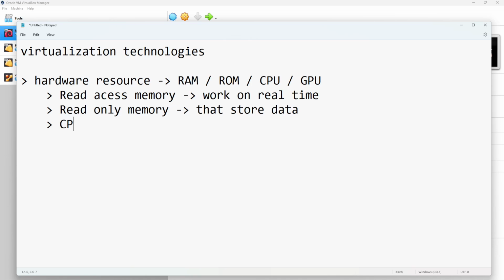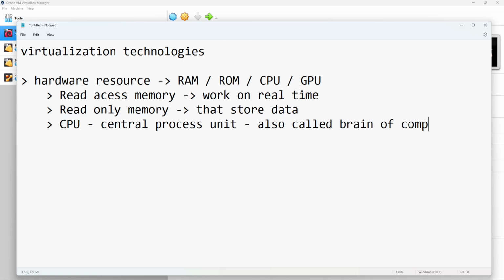CPU is the central processing unit, also called the brain of the computer. And then we have GPU, the graphical processing unit, through which we can see all this animation, the gaming part, anything you are seeing right now. This is handled by the GPU.